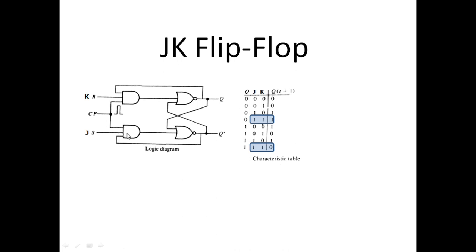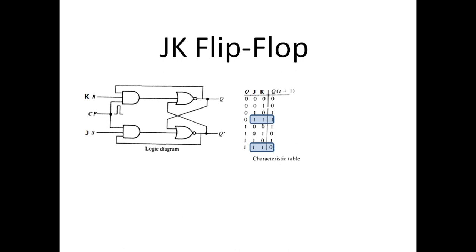So this input to the second AND gate is 0 because Q is 1, so Q prime must be 0. When this is 0, we get 0 at the S input and we get 1 at the R input. So it will reset the flip-flop. By resetting we mean it will generate 0 at the Q output.